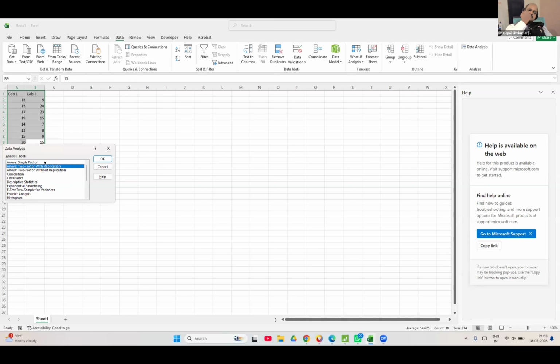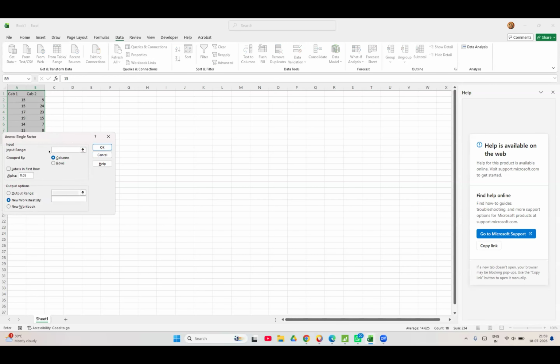For the input range, I have to select the range, right, sir? Yes, both cap 1 and cap 2. This is the method: you should keep the data level-wise. Now this is the correct format. Then click labels in first row.